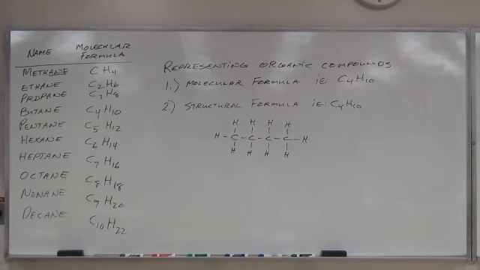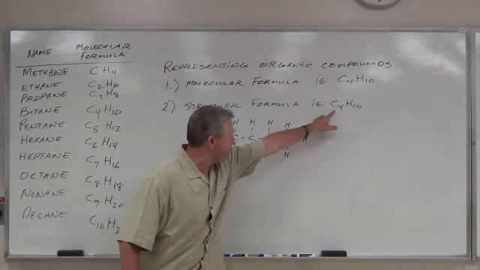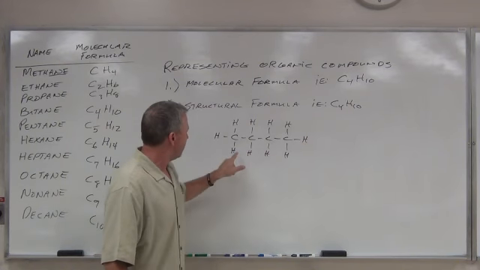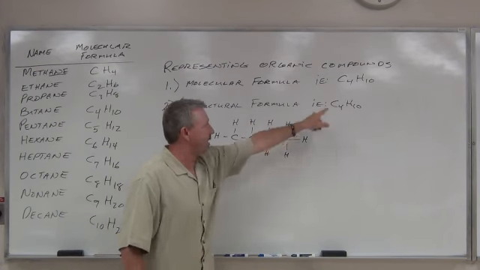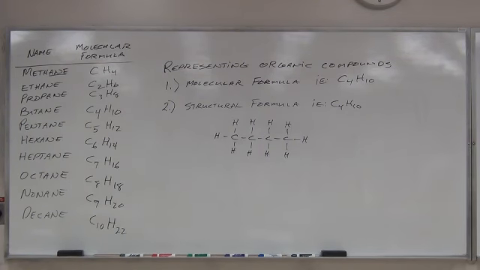And we see that this is C4, 1, 2, 3, 4. That's C4H. 1, 2, 3, 4, 5, 6, 7, 8, 9, 10. H10. This is the formula for butane, the structural formula.